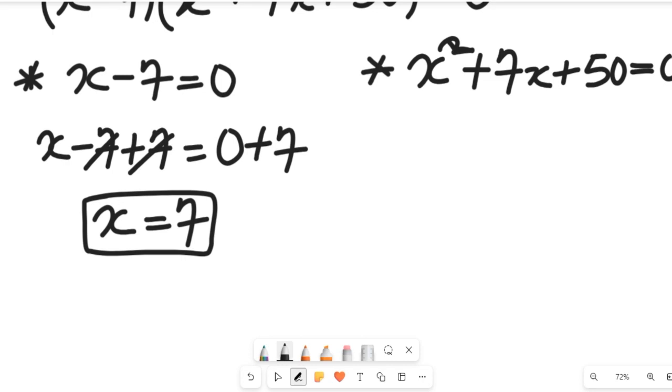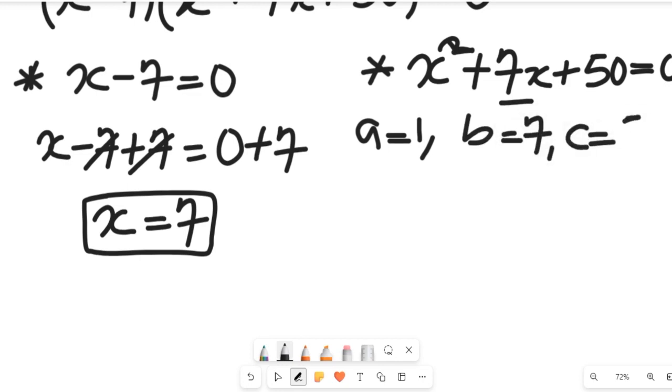The next solution we are going to find by solving this quadratic equation, and we're going to solve it using the quadratic formula. If we solve this equation using the quadratic formula, what are we going to have? We'll have a equal to 1, b equal to 7, and c equal to 50.